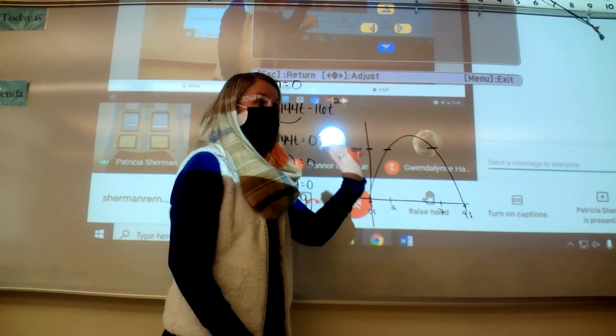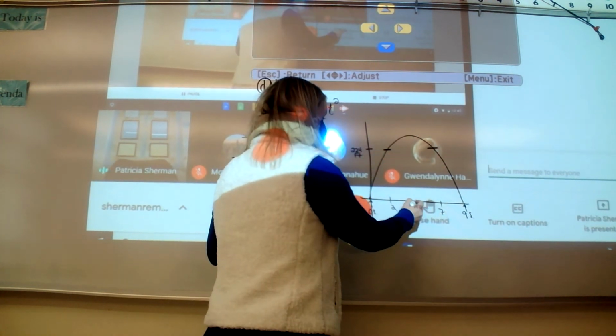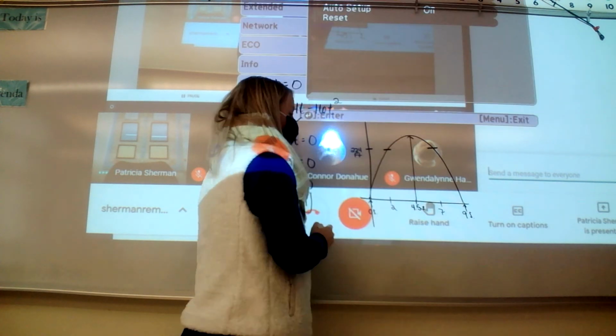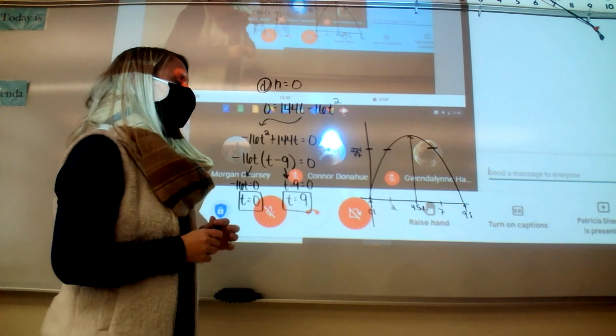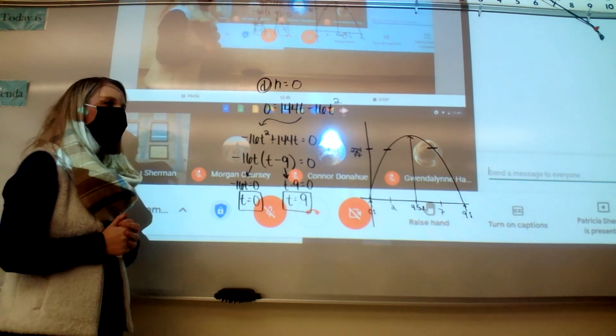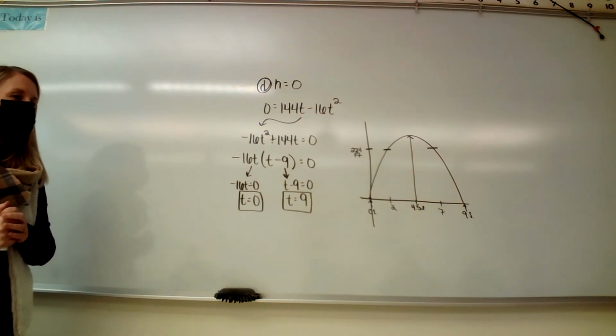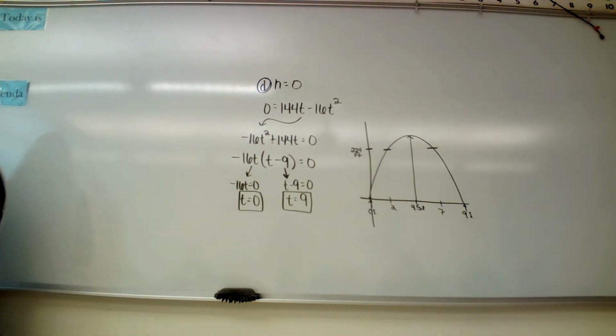Halfway in between, so at 4.5. So at 4.5 seconds, it's hitting the maximum point. If I say the maximum is at 4.5 seconds, what is the maximum height? Can someone tell me? It's just throwing it in your calculator.